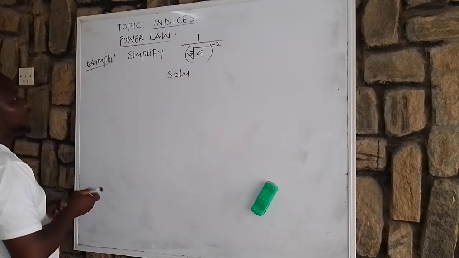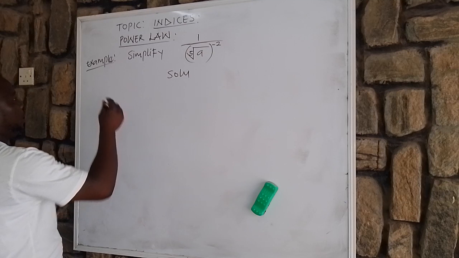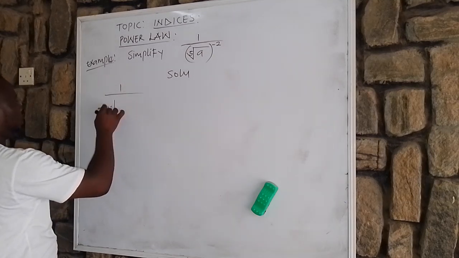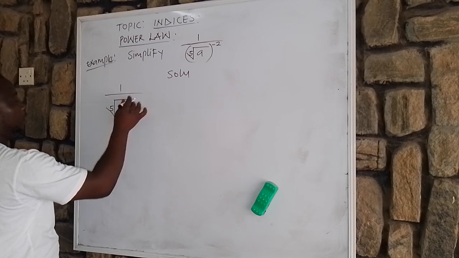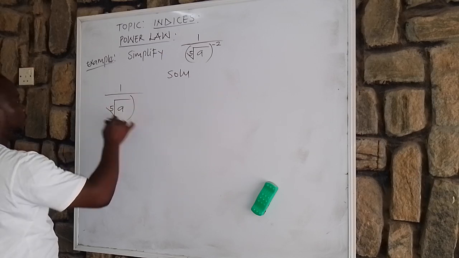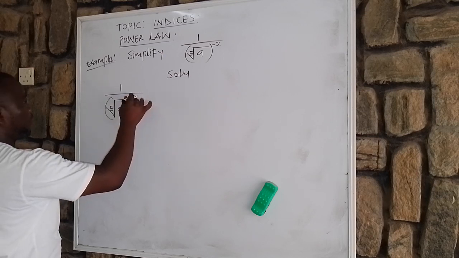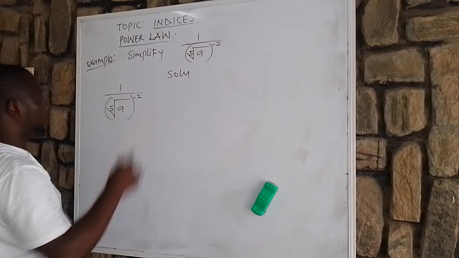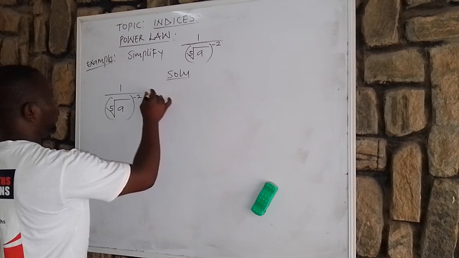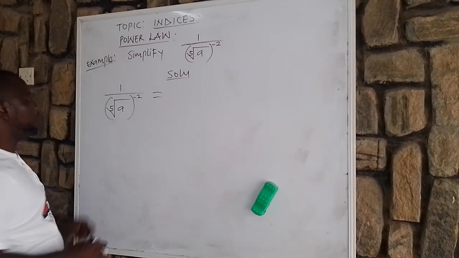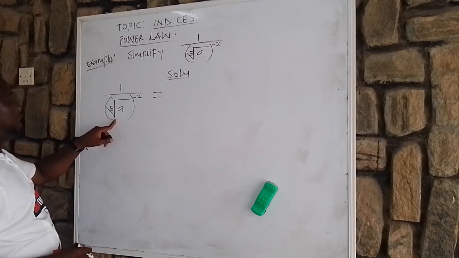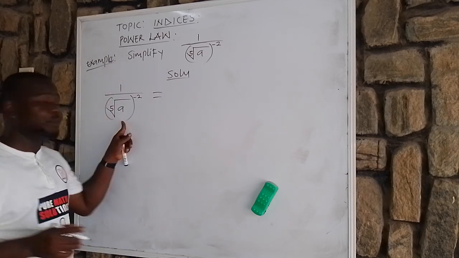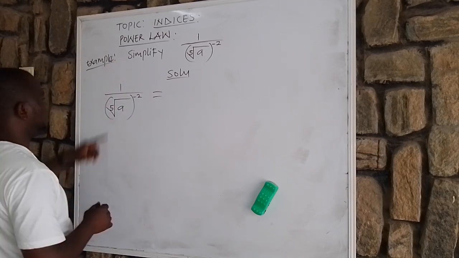Solution: 1 all over the 5th root of a, open bracket, raised to the power of minus 2. As I told you, with what I've written down before, you don't need a prophet to tell you. It is power law you will still use. Is that clear? So we need to transform this.